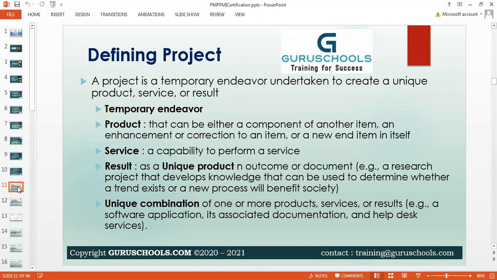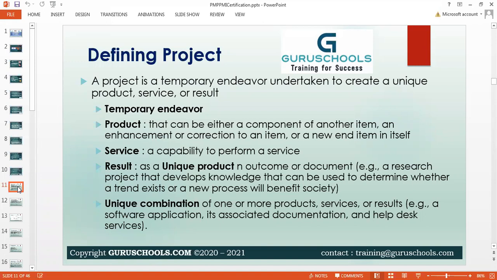We're trying to understand how a project is defined and how we're going to manage it, because unless and until you know that, you can't go into controlling and managing it. So say I'm in a manufacturing organization creating pens or pencils. Whenever I do that, we are trying to create a replicated product.